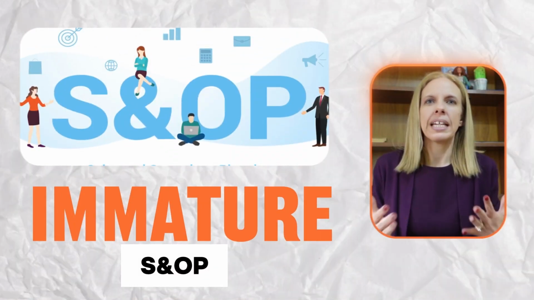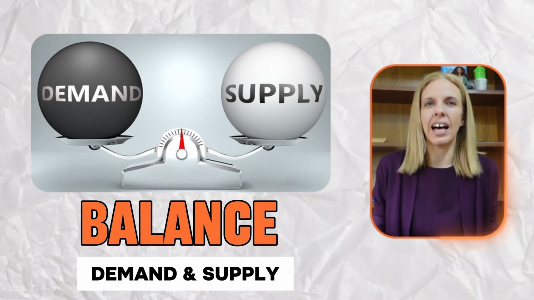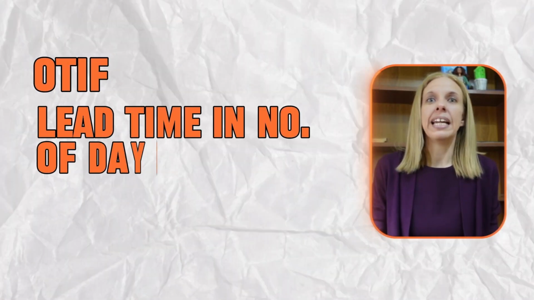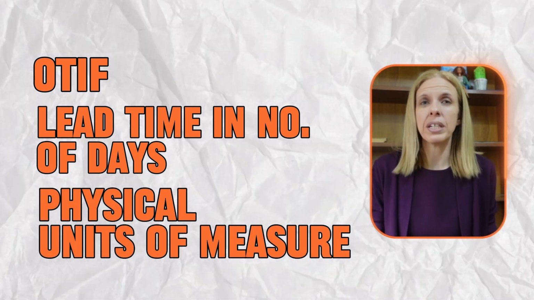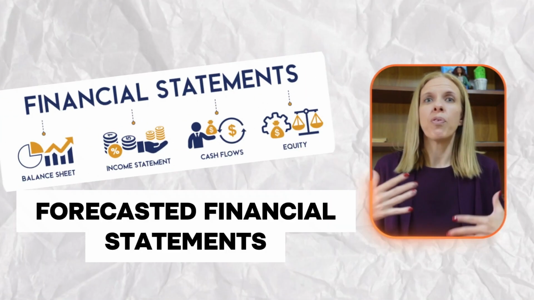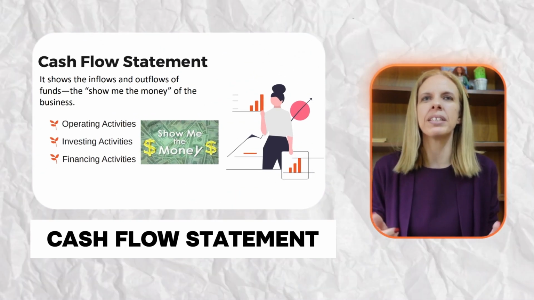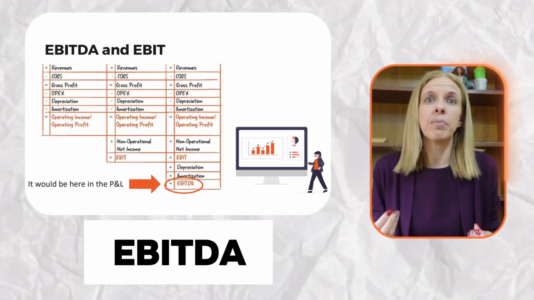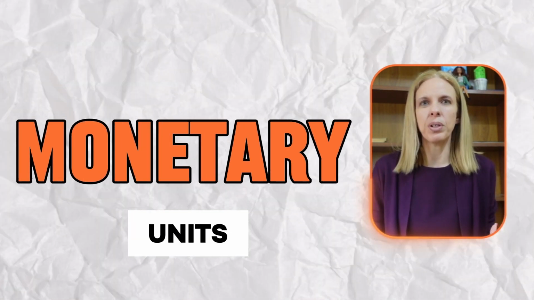For example, in the immature S&OP stages, we focus on balancing demand and supply. Metrics may include on-time in full, lead time in number of days, and most of the units measured are physical units. In FP&A, the team may talk about forecasted financial statements, including cash flow statement, profit, EBITDA, and the most used unit of measure is monetary unit.